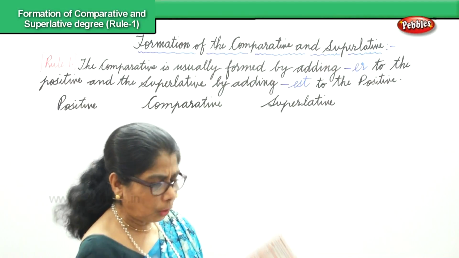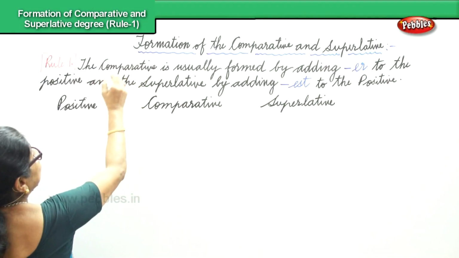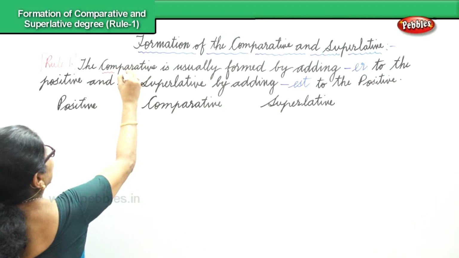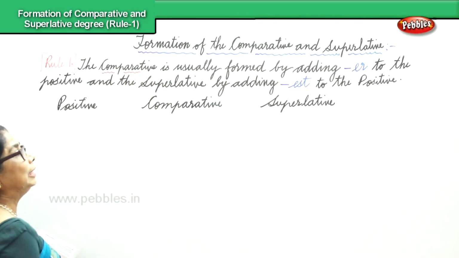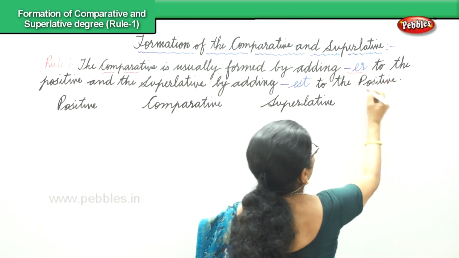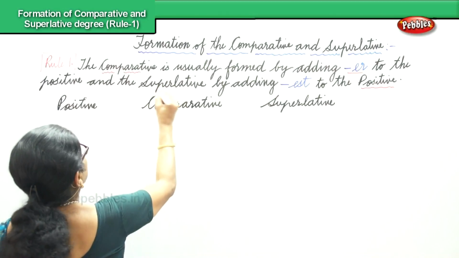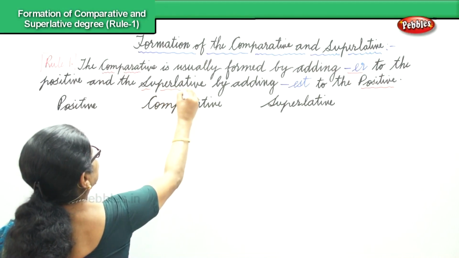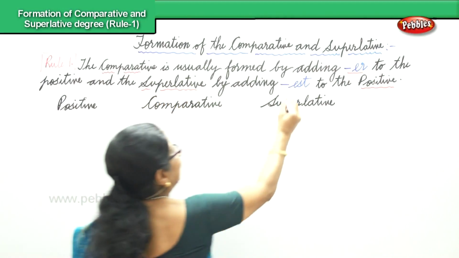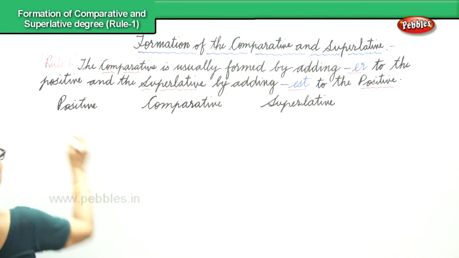Now, look at this. We are talking about the comparative degree, which is usually formed by adding er to what? To the positive, and then the superlative is formed by adding est to the positive. Okay? So that's what we are going to do.